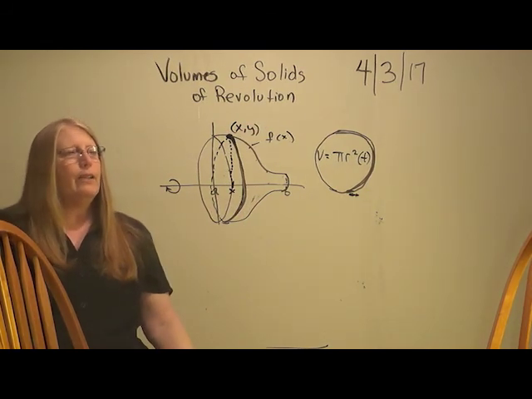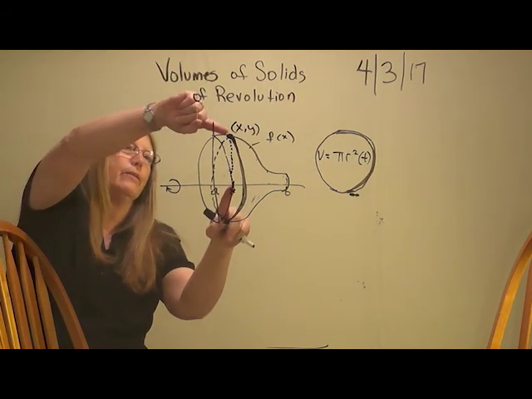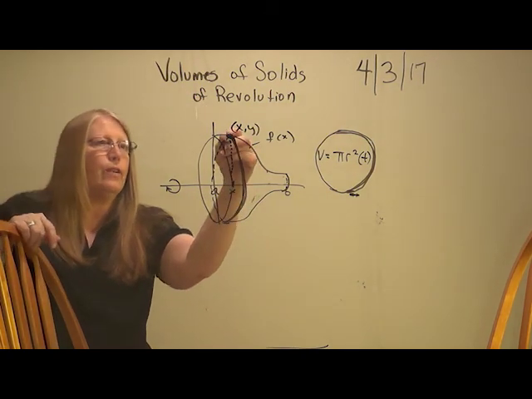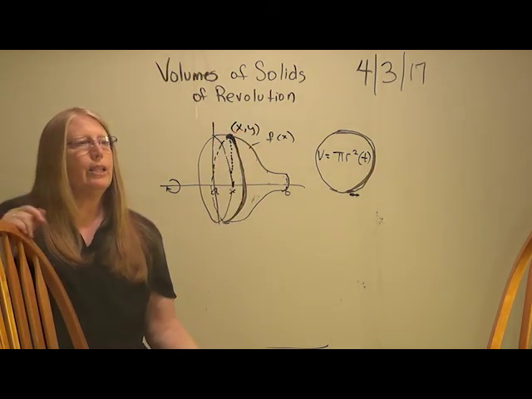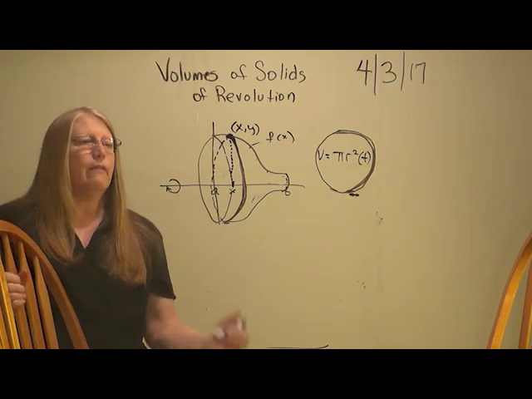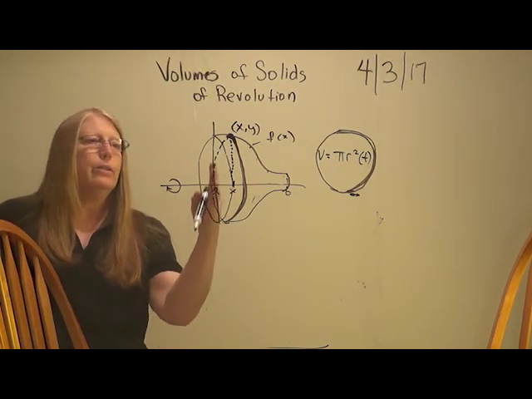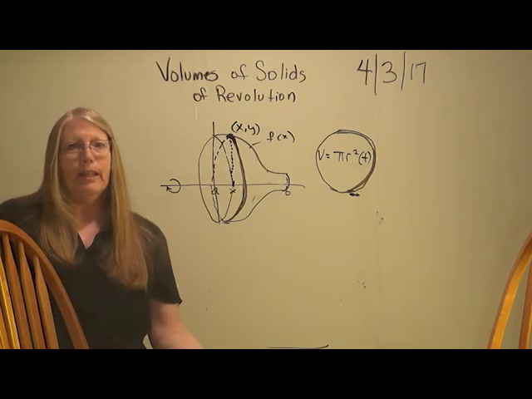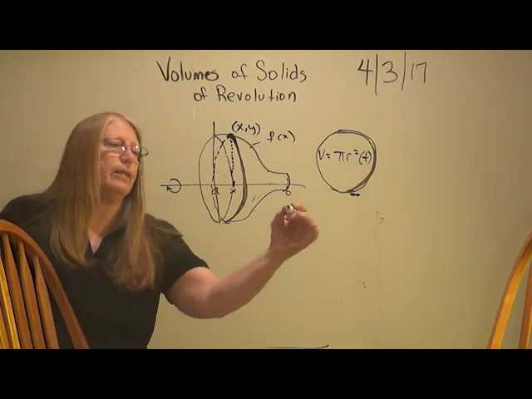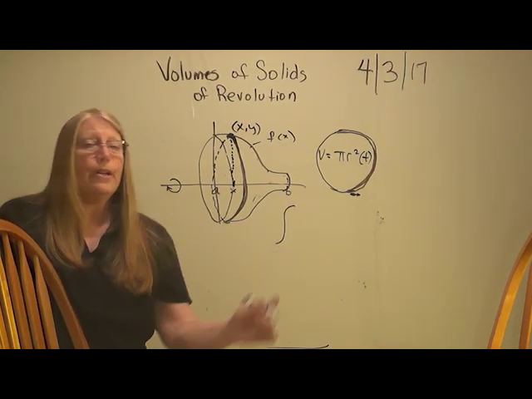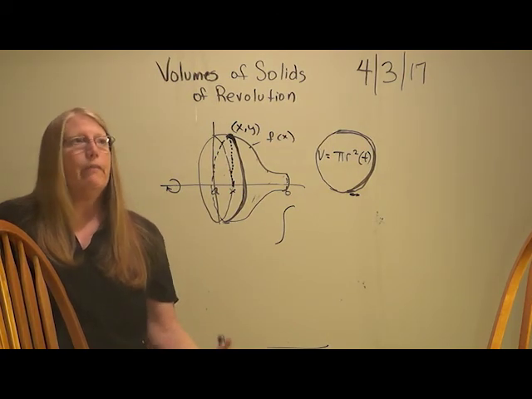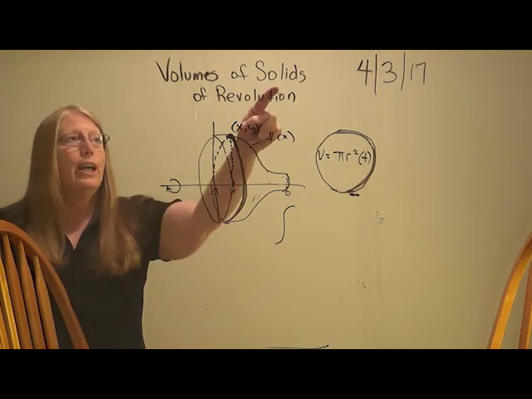So if I do that, the radius is from here to here. Since it's right on the function, can you see it is the function evaluated at that value for x? And what if I do that a million, billion, infinite number of times? Then I add up all the volumes, and I have the volume of this whole solid.